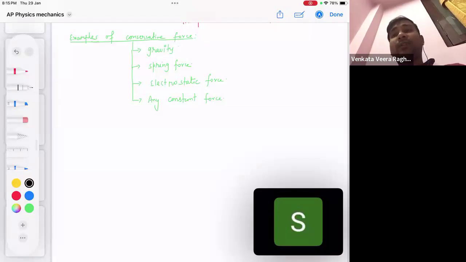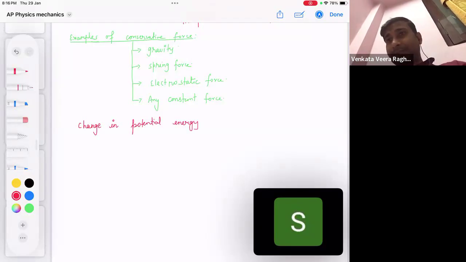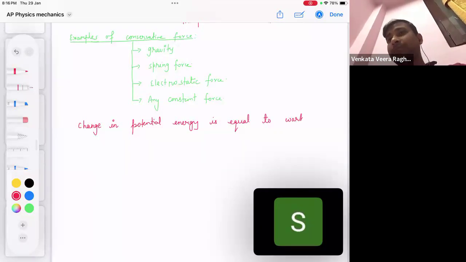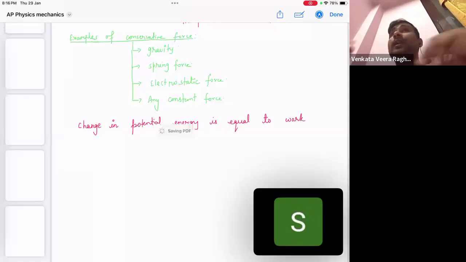So the work done against that conservative force will be stored in the form of potential energy. So please keep in mind what the potential energy is. Change in potential energy is equal to work done against the conservative force.